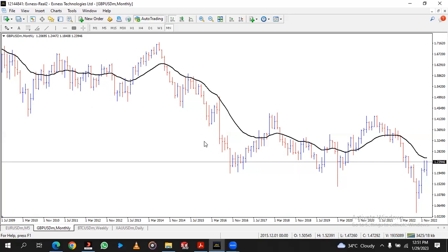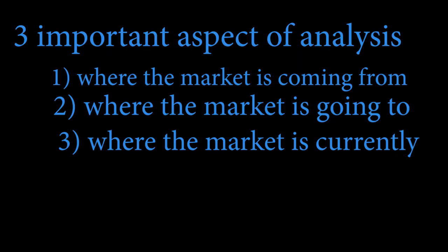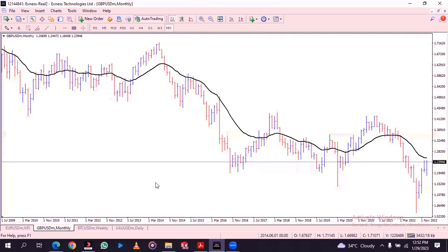So in the PDF, I talked about the three important aspects you want to focus on while making analysis. The first one is where the market is coming from, the second is where the market is going to, and the third is where the market is currently.